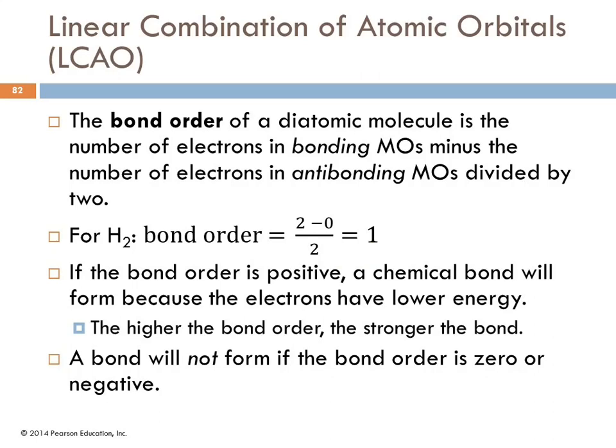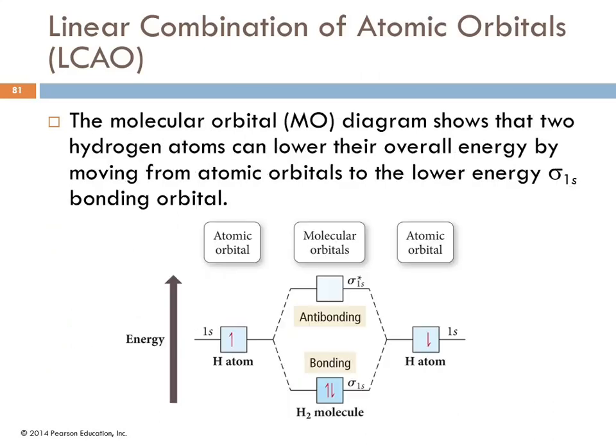If the bond order is positive, we can predict that the bond will form because the electrons are going to have lower energy than they would in the individual atoms. And the higher the bond order, the stronger the bond. If the bond order is 0 or negative, it will not form. How could you get a 0 bond order? Let's go back to this guy.